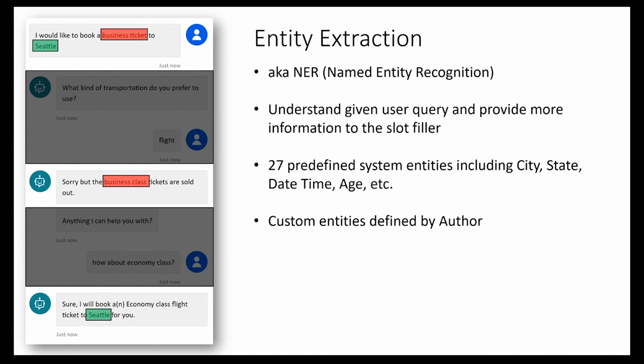And if you look at PVA per se, there are like 27 predefined entities, commonly used entities like city, age, state, all those things. What that means is you can super effectively, as an author, use a city. For example, let's say you want to use a state entity, right? And you have, let's say, store locations only for 2 states, but for the remaining states you don't have any store locations.